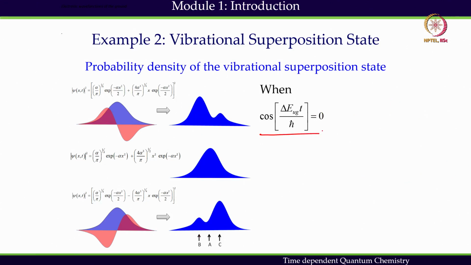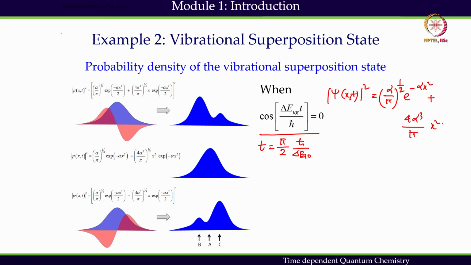If we make the cos value 0, it means that I have t equals pi by 2 h cut divided by delta E 1 0. So I have this psi xt density equals alpha by pi to the power half e to the power minus alpha x square plus 4 alpha cube divided by pi x square e to the power minus alpha x square.